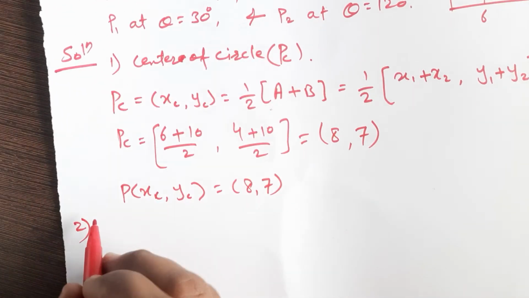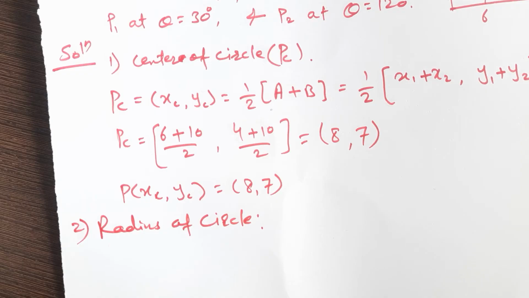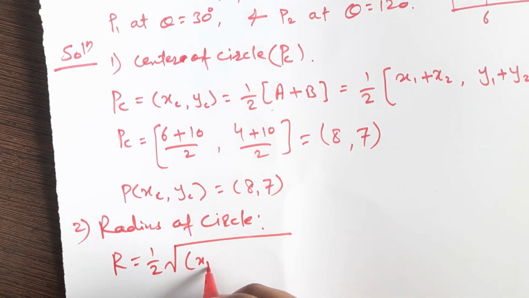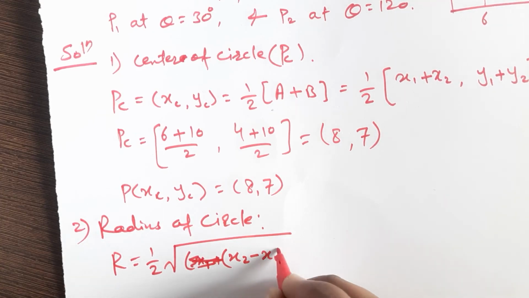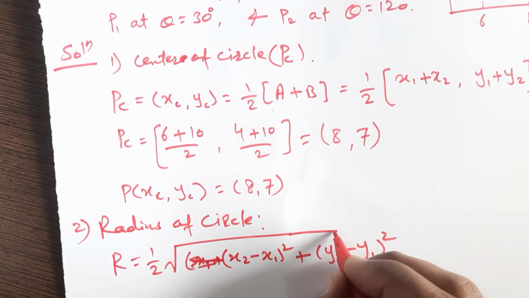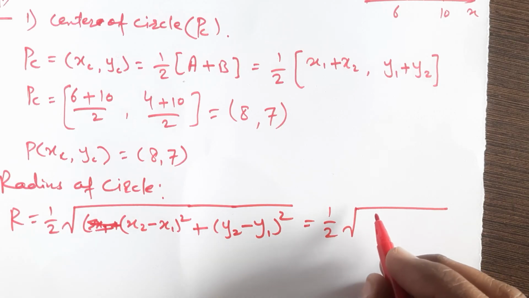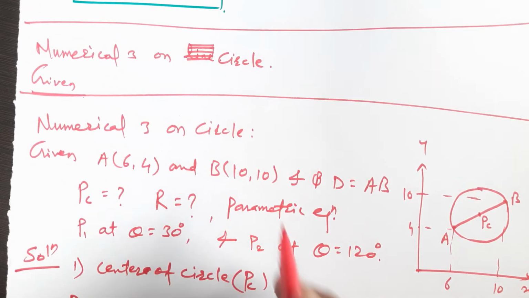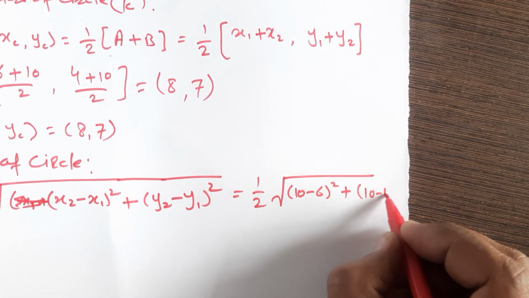Now number 2, radius of circle. Okay, so the radius of the circle is given by radius is equal to half under root of (x2 minus x1) whole square plus (y2 minus y1) whole square, is equal to half under root of (10 minus 6) square plus, now y2 is 10 and y1 is 4, so (10 minus 4) square.